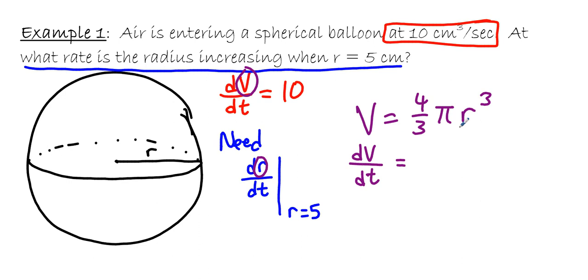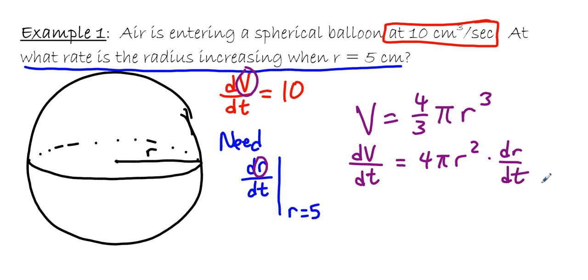And the derivative of this thing, if we were just taking the derivative like normal, power rule, 3 comes down, that's a 4 pi r squared, but this is the derivative with respect to r, and we want the derivative with respect to t, so we multiply by dr/dt.